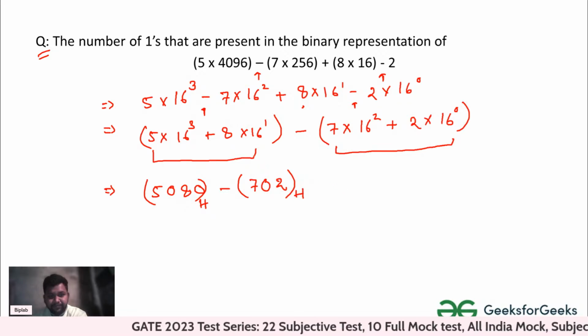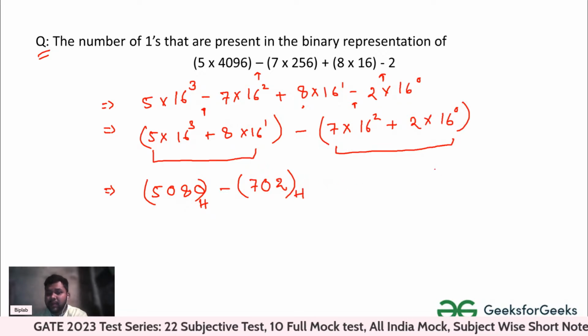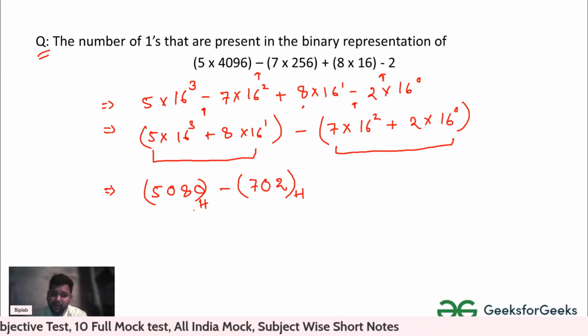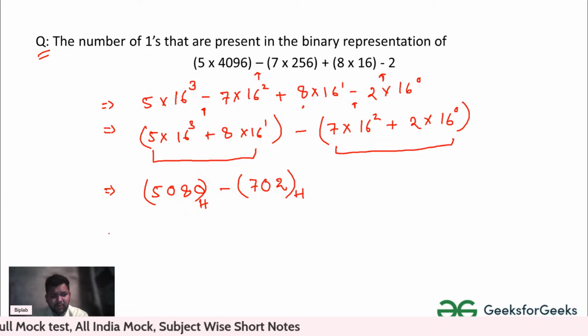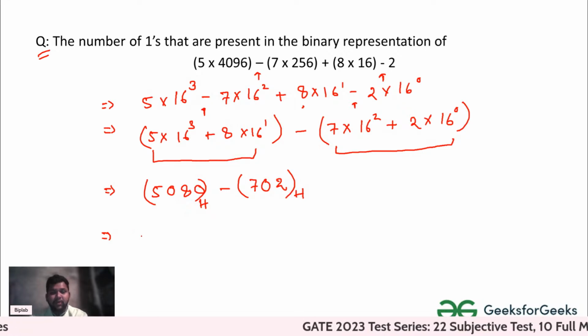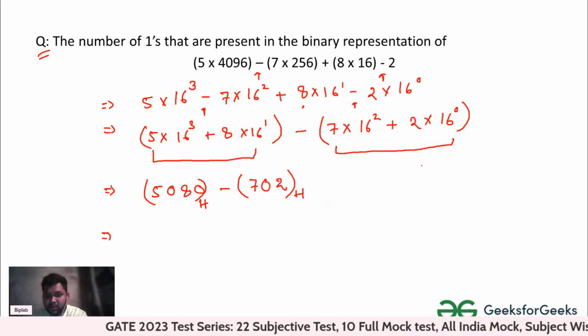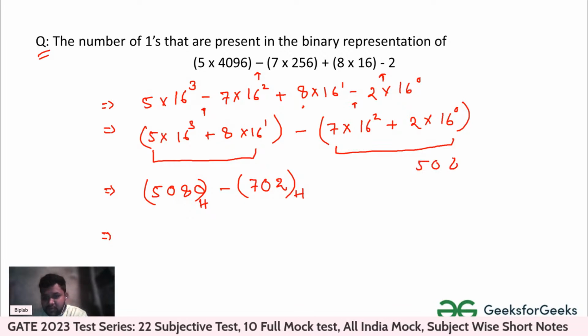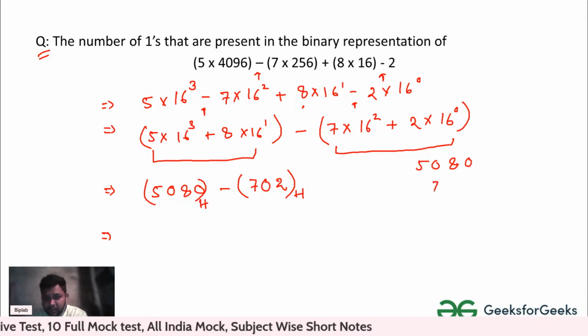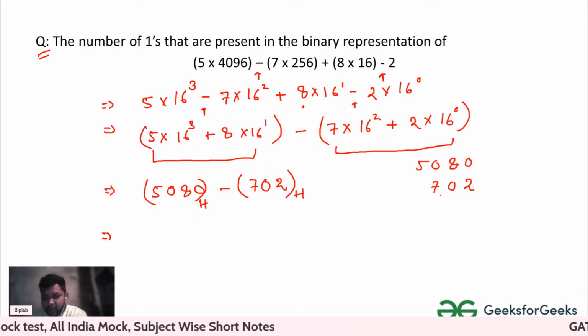Now you can do the minus. If you are comfortable doing subtraction in hexadecimal, that's okay. If you are more comfortable in binary, then convert it into binary, that is an easy process, and then do the subtraction. If you do subtraction here, you will have fewer digits, so it will be better for you.